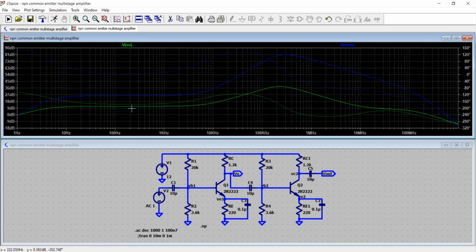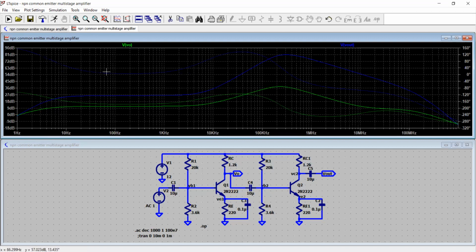But look at the phase for the green dotted line. The phase at the desired signal frequency where the gain is constant is about minus 180 degree, which is due to the first stage of inversion. And for the second, blue curve, the phase is constant at about 0 degree, right?